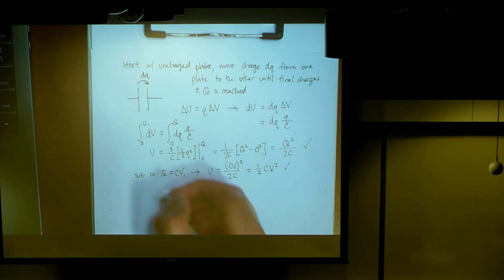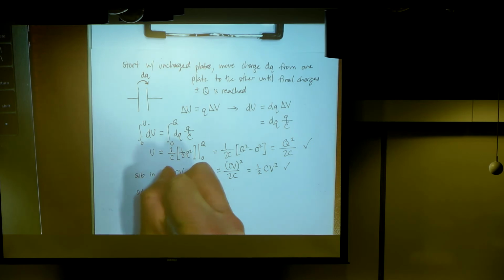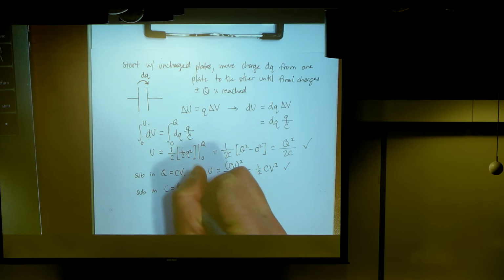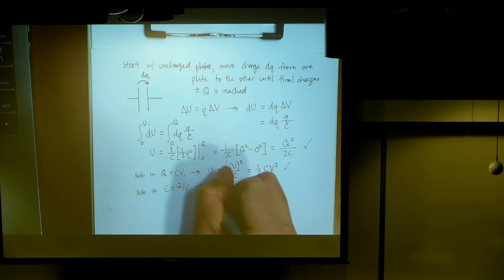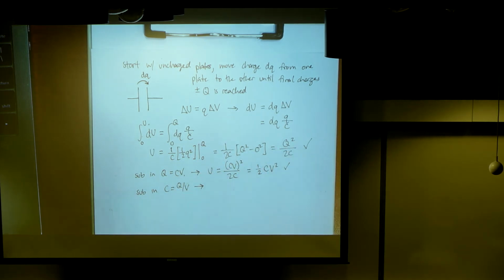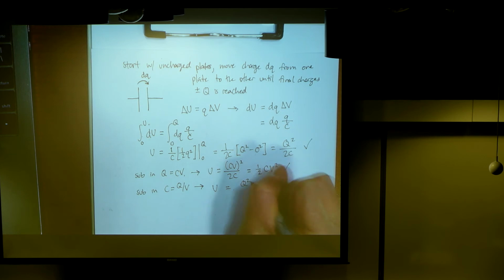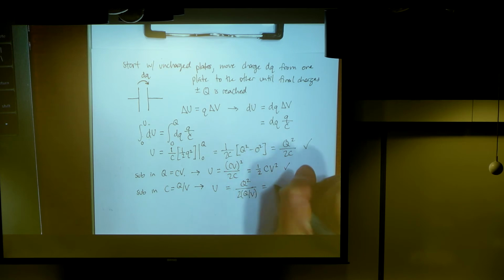Lastly, I could write this a different way. I could say, well, C is Q divided by V. And I could sub that into our original expression. And that would give me U equals Q squared divided by 2 times Q divided by V. So of course there's a 1/2 factor in this thing.